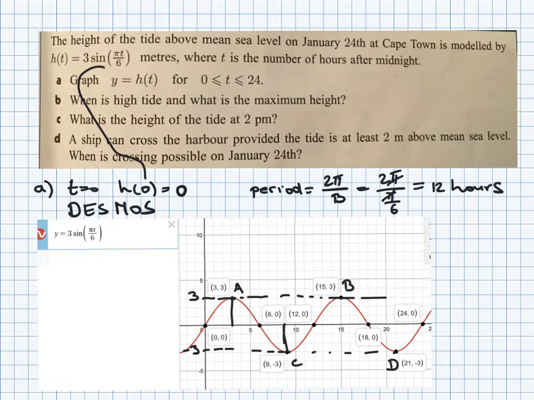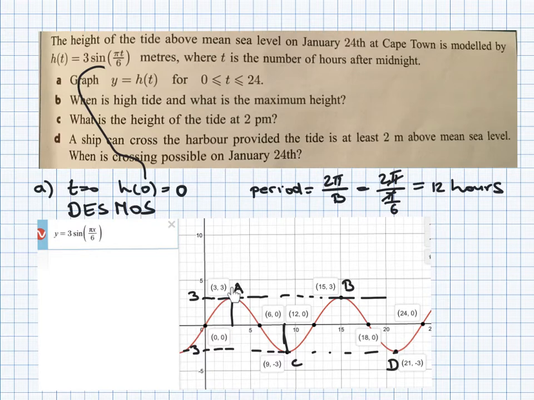Okay, now let me have a look. When is high tide and what is the maximum height? I think I have already answered those questions. High tide is pretty much when the maximum is. So high tide is at 3 a.m. If this is time 5, this is 10, 15, and this one is the maximum.